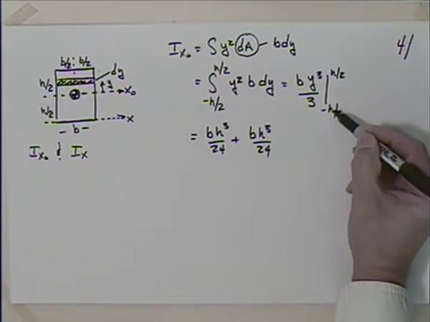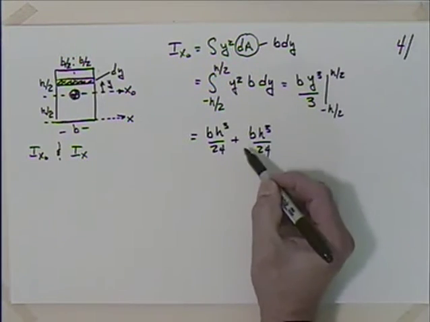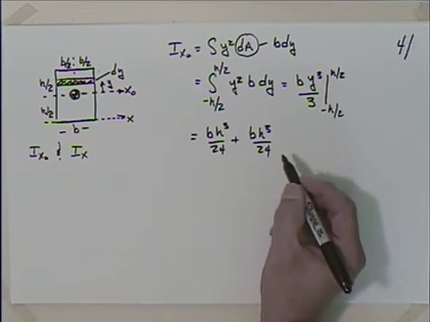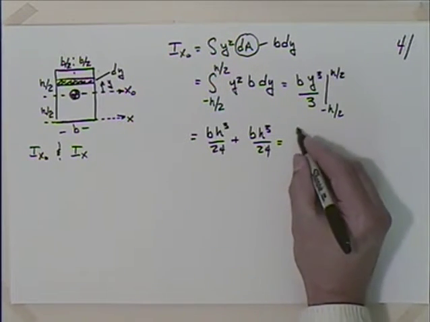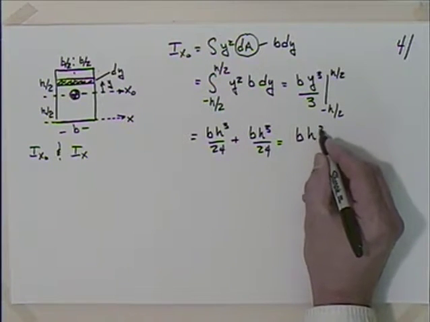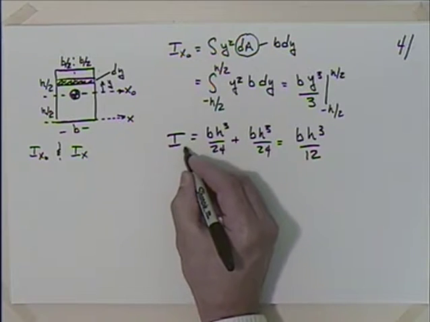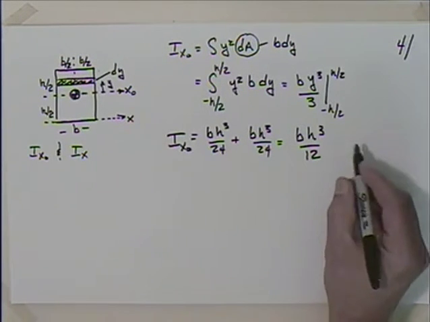Is that right? Because when I cube a negative, I get the negative back, and then I'm subtracting the lower limit, so the negatives cancel. So this is from a minus minus. So it gives me base times height cubed divided by 12. So that's I about x naught. That's through the centroid.